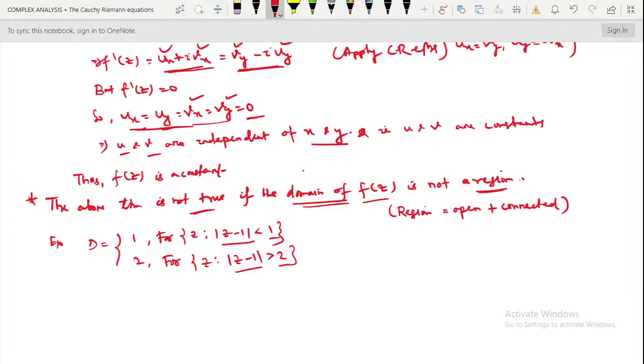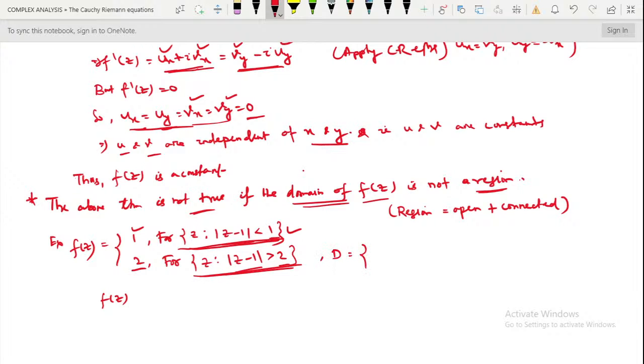If this is my domain, then suppose I take f of z equal to 1 on this region, and 2 on this other region. This is one region, this is another region, and I am saying this is my domain.